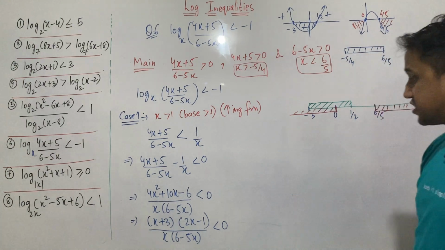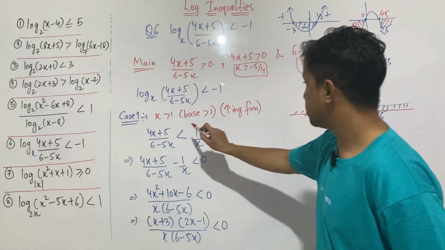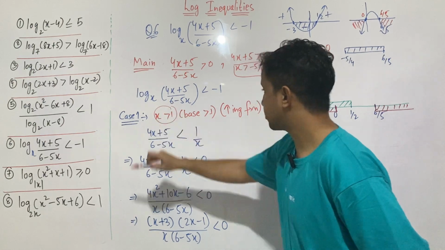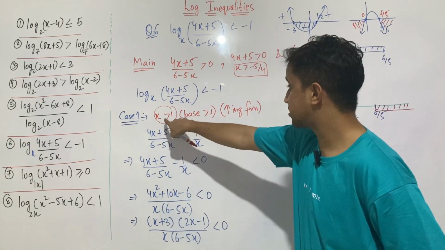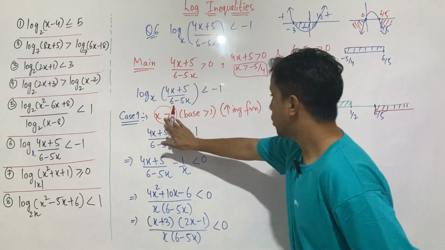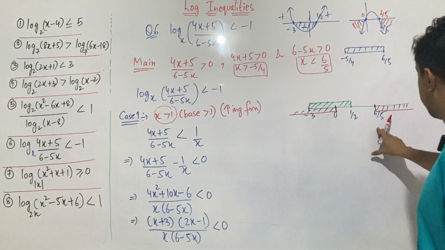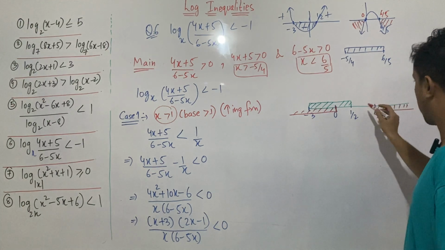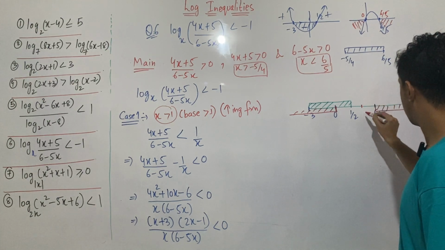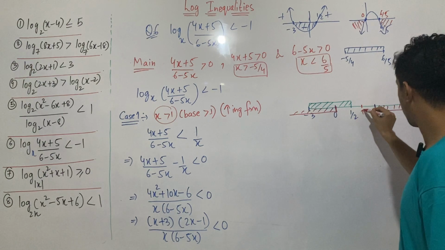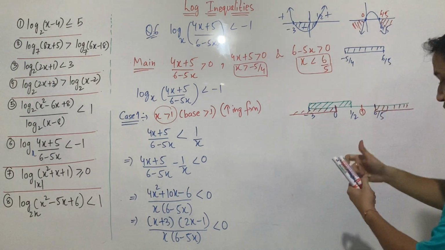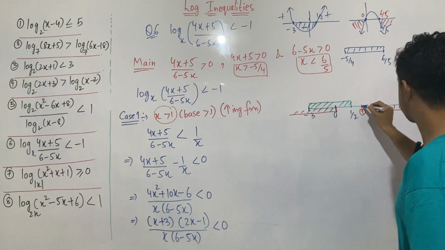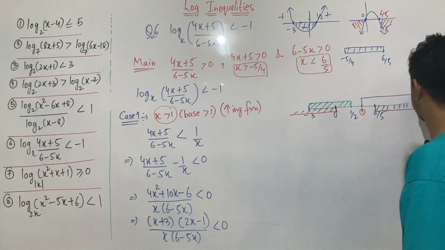Now here the base condition says x is greater than 1. So we have to apply this condition here. So x is greater than 1. Where is 1? This is 1. And x is greater than 1 means this area they are talking about, right?